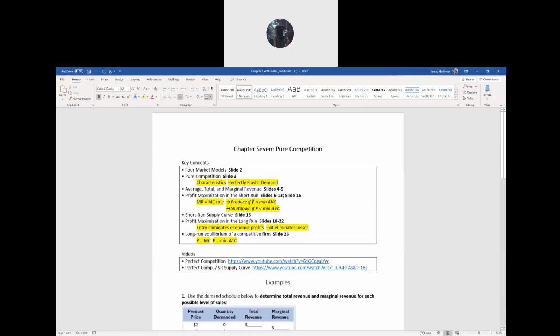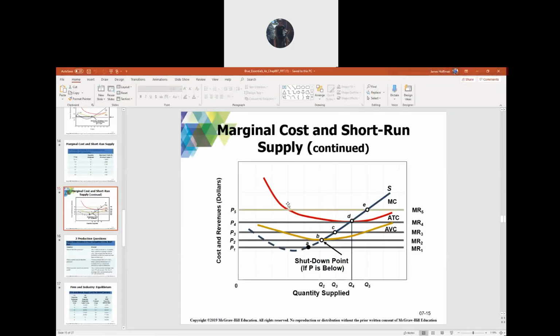Where is price bigger than, less than, or equal to the minimum of the average variable cost curve? See these different prices, P1, P2, P3, P4. If the price is high enough, the firm is always going to produce. But if the price gets too low, below the average variable cost curve, they're not going to produce.